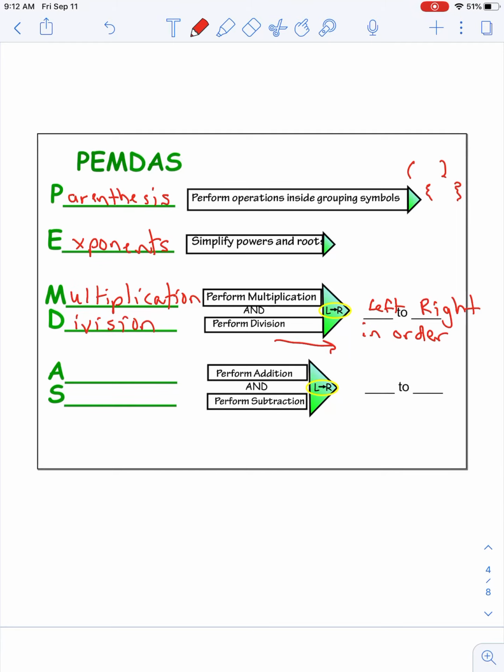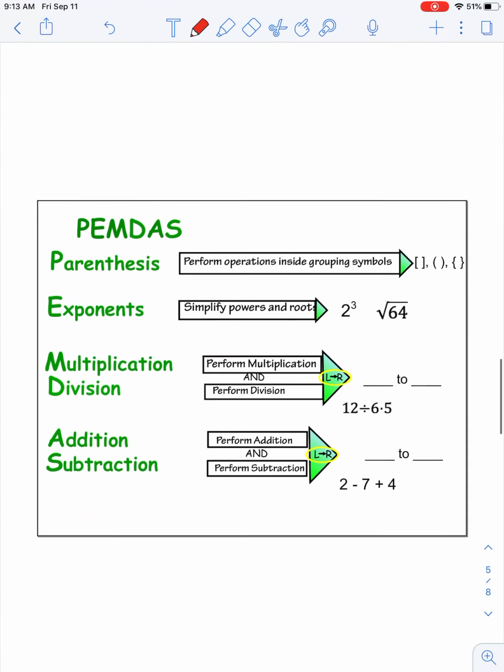That's where most people mess up, because they do all the multiplication and then they go back and do all the division. Your A and your S, again, addition and subtraction. And again, that's left to right in order. So let's see what that looks like.